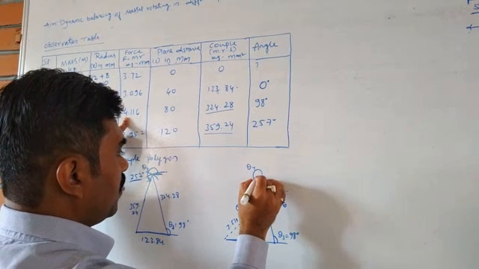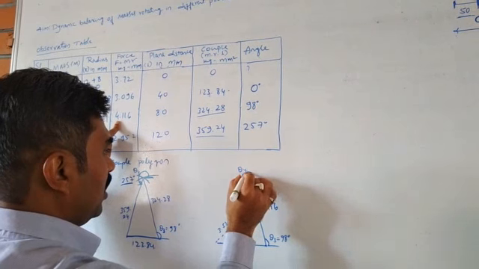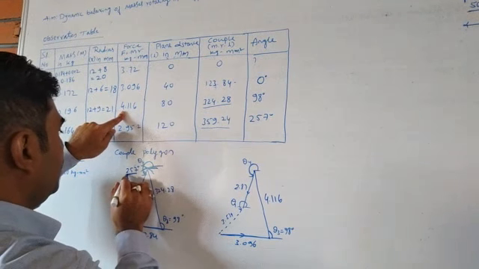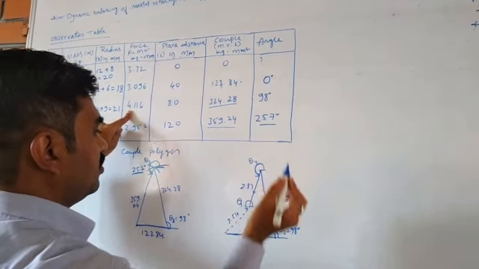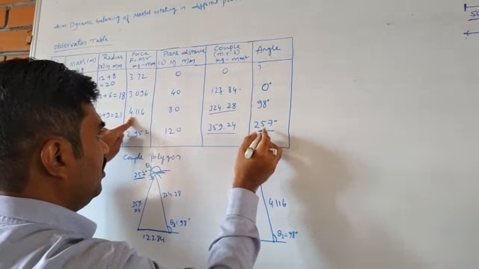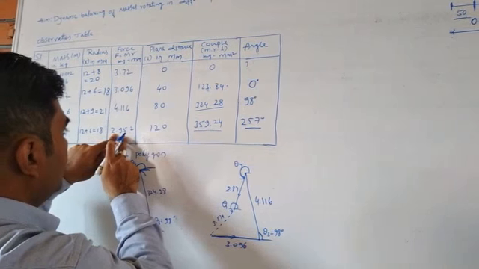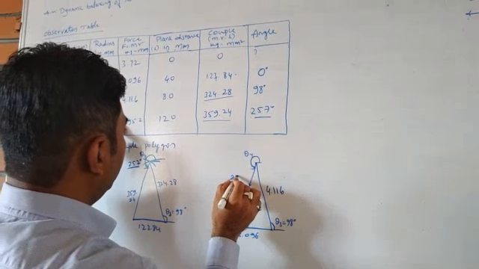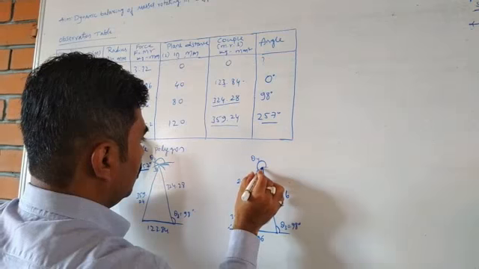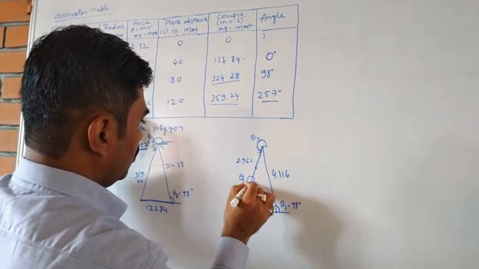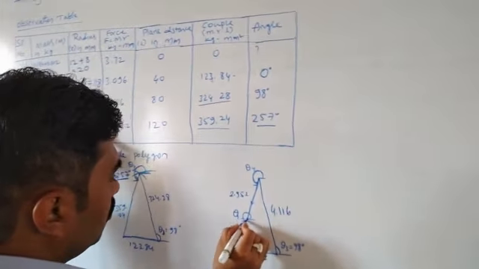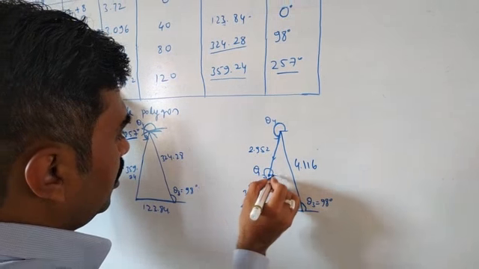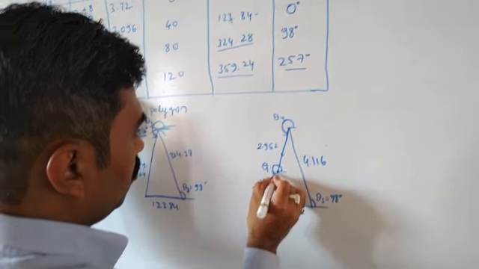From this point I mark angle theta 4, which is 257 degree, with length 2.952. Then connect to the end of this point and measure this angle.